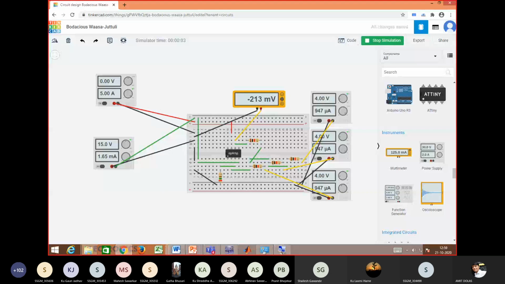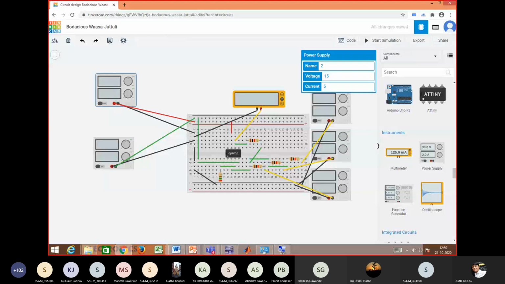Let me see once again. There might be some connection error. Negative is ground, that is black, and positive here is red, this is of course positive.